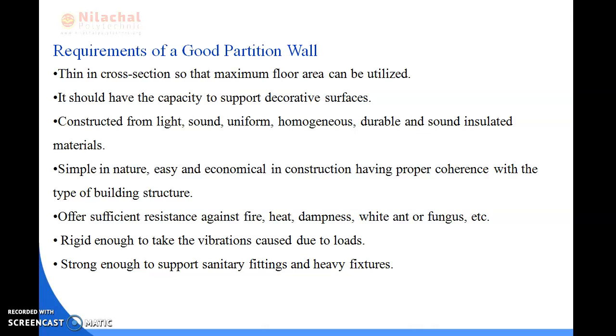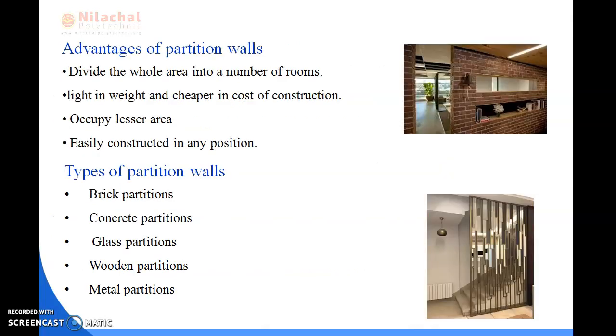A good partition wall is rigid enough to take the vibrations caused by loads, and strong enough to support sanitary fittings and heavy fixtures. Okay, these are all the requirements of good partition walls.